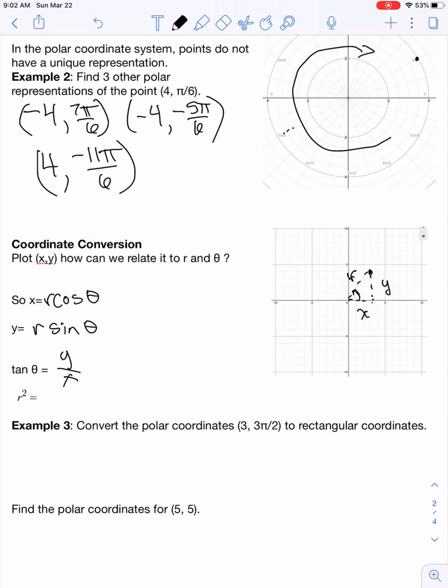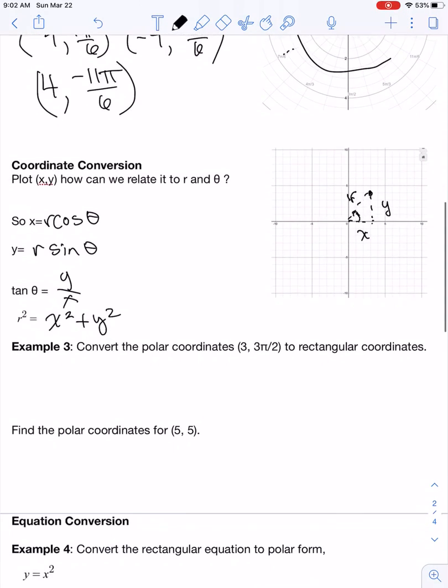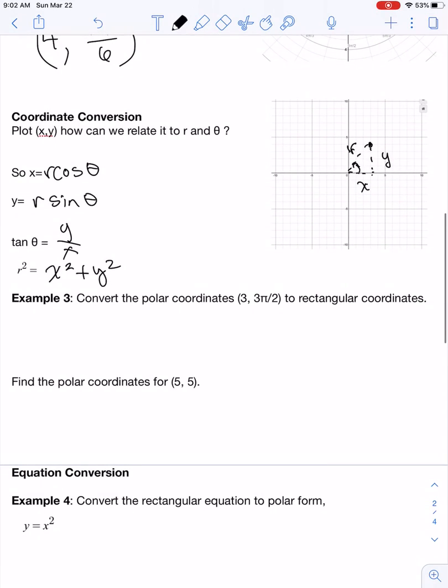I believe if we look at the Pythagorean theorem, that would be x squared plus y squared. All right, so these are the 4 equations we're going to use to convert. You're going to have to know those 4 equations, and they're not that bad. They all relate back to the triangle.